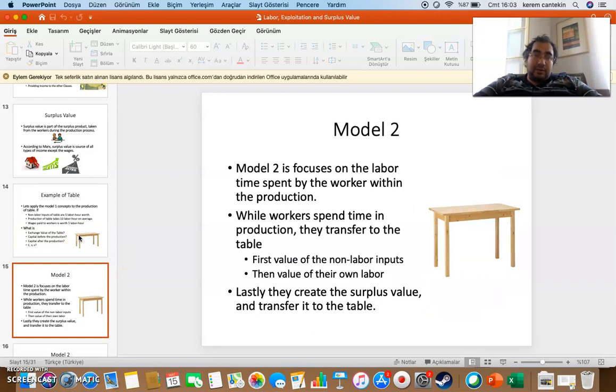Now we can briefly talk about model 2. Model 2 focuses on the labor time spent by the worker within the production. So when you produce the table, of course, at first there is physically nothing. Then by using the inputs, you produce one table, second table, third table, fourth table.